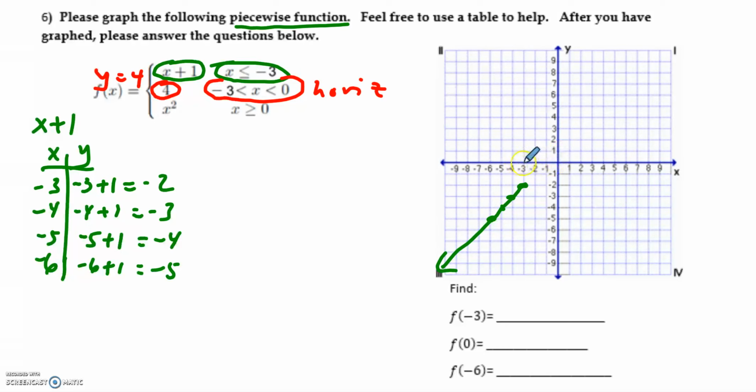So if I go over to -3 and up to 4, this would have an open dot, or a hole, because there's no equal to, and this also would be an open dot, because there's no equal to. So my line would look something like this. -3 up 4, open dot, 0 up 4, open dot, and I have a horizontal line between those 2 points.